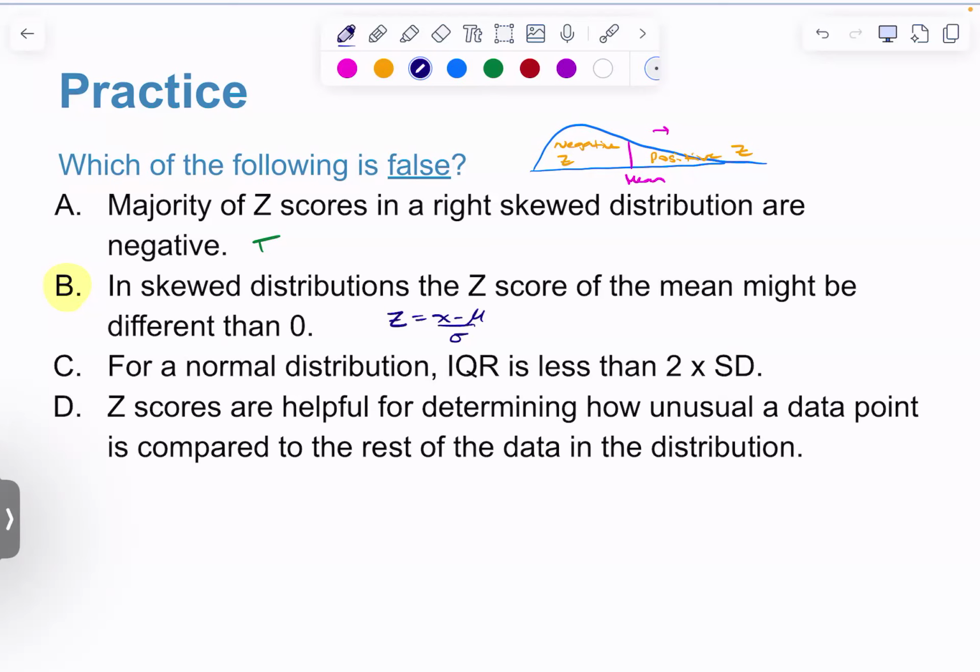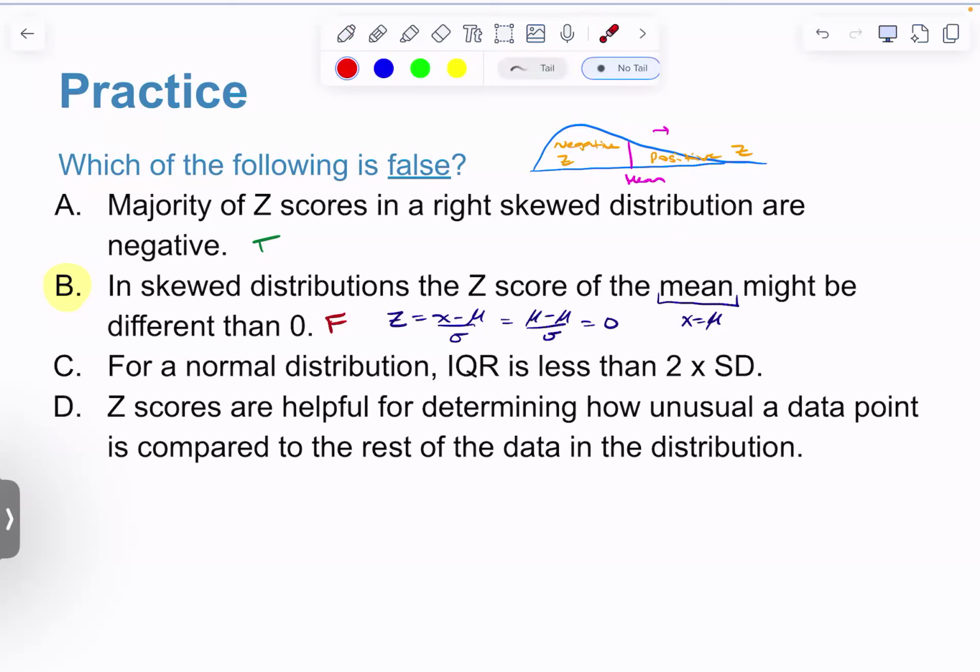The Z score of the mean means that X is equal to mu. Well, that's the same as mu minus mu over sigma, which is always going to be 0. If it is the mean, it has to be 0. That's how Z scores work. So that's why it's false.